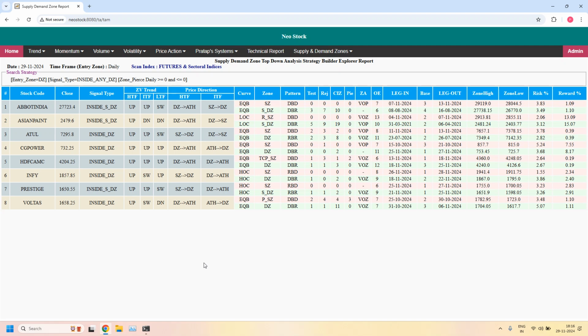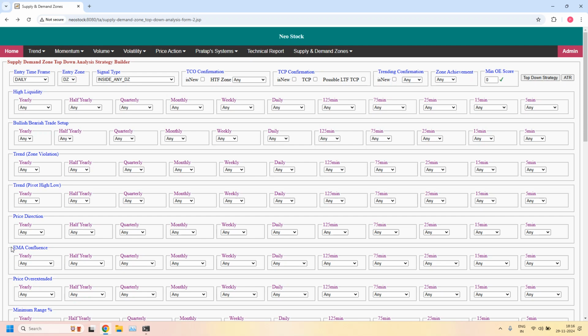And we can also identify high probability zones based on EMA Confluence, daily demand zones with daily EMA Confluence. So in the EMA Confluence parameter at a daily time frame, I am enabling the filter daily demand zone having daily EMA Confluence. But EMA Confluence makes sense only in the trending market, but not sideways. So that's why in the trend based on zone violation, in the daily time frame, I am selecting up or down trend, but not sideways.